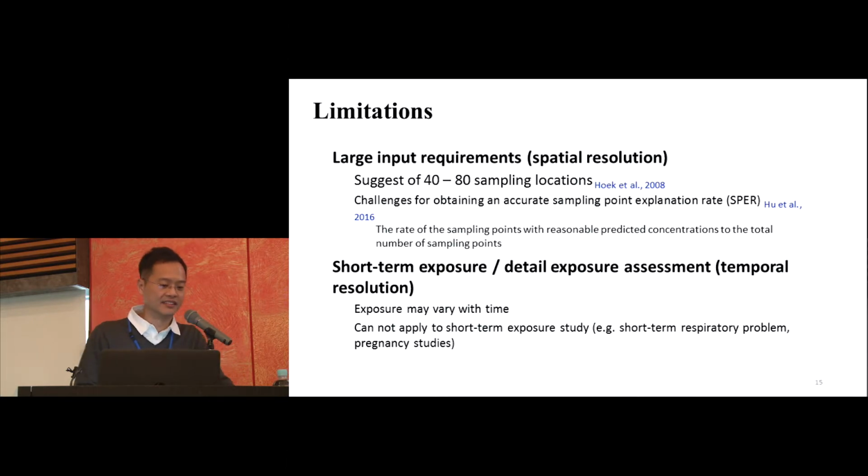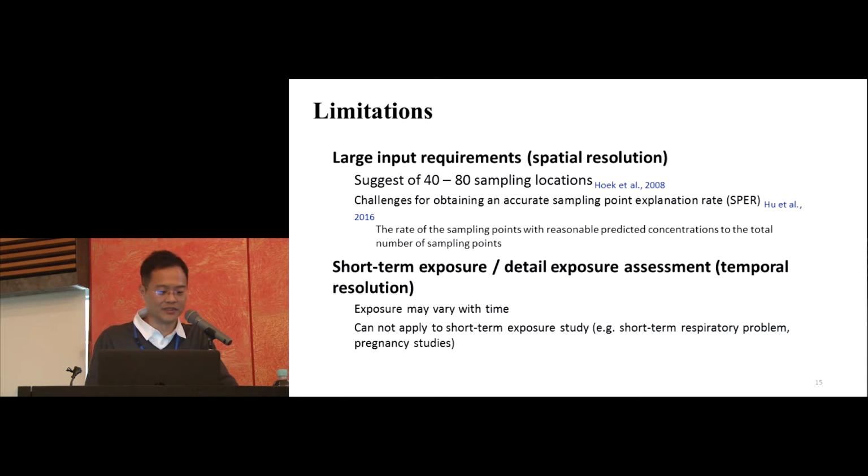However, this model has limitations. Land use regression still needs a large input requirement. For spatial resolution, it is suggested to use 14 to 18 sampling locations. It also faces the challenge of obtaining an accurate sampling point explanation rate, called SPERT.